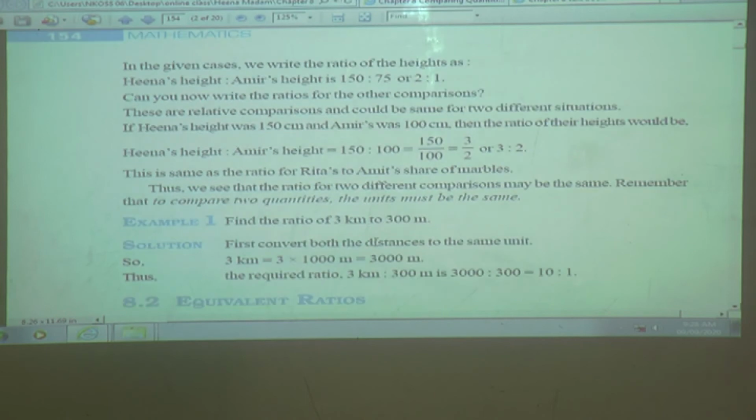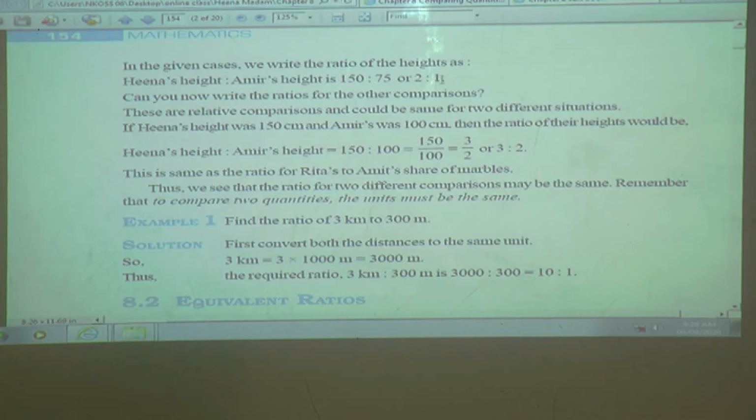What does the example say to us? In the given cases, we had already seen 3 cases. We write the ratio of the heights as Hina's height to Amir's height, which is 150 to 75, or we can say it is 2:1.